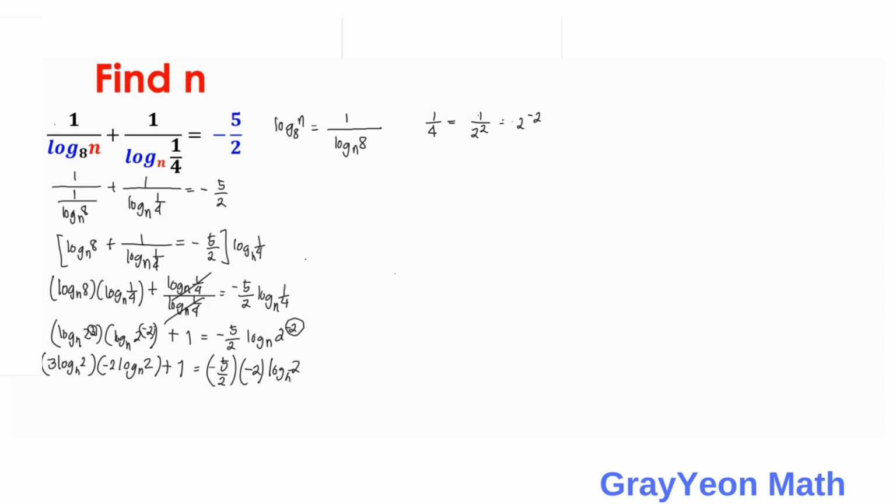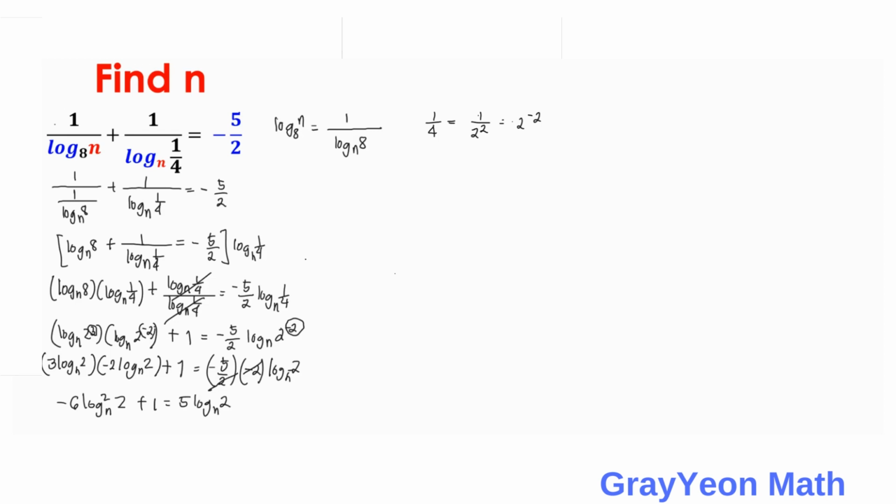So this cancels out, and this becomes negative 6 times the logarithm of 2 to the base n, squared, plus 1 equal to 5 times the logarithm of 2 to the base n.